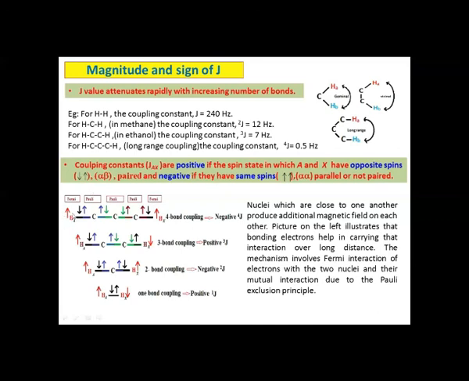Here the nuclear spin of the HA proton will be interacting with the electron spin, which should be paired. These are the bonded electrons, and according to chemical bonding theory they remain as paired electrons.